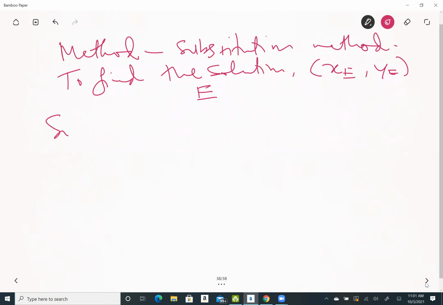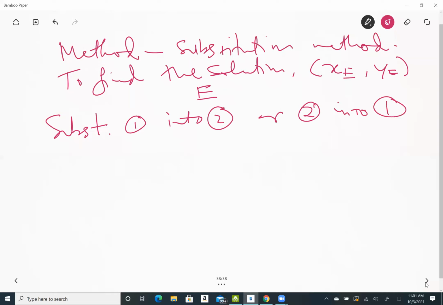So now we substitute 1 into 2, or you can do either way. You can substitute 2 into 1. It doesn't matter, because you have y equal to something, y equal to something, so they are equal.